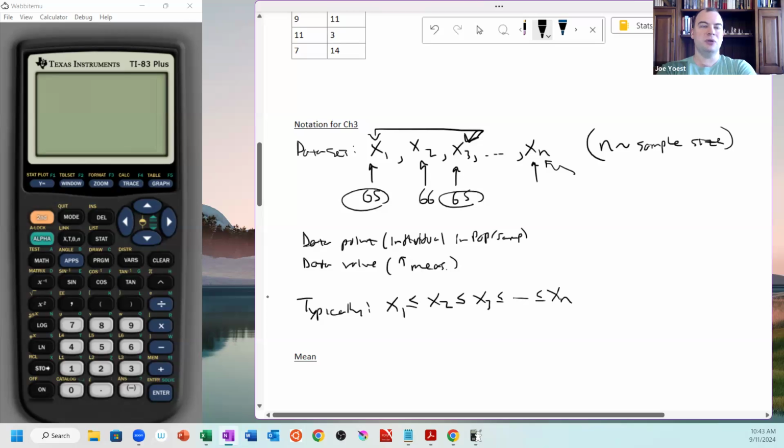So when we have at least ordinal data, we'll think of ordering our data in this way before we actually start doing anything. For the mean, it doesn't really matter, but for things like the median, it matters a lot. So we're going to think about ordering our data first.